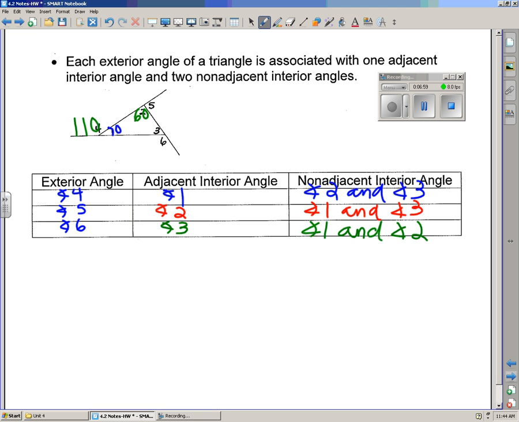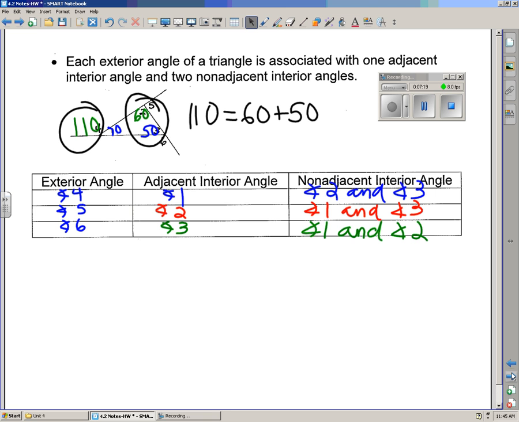And angle 3 would be 70 plus 60, or 130. 180 minus that would be 50. And now if I look at that exterior angle again, and the non-adjacent interiors, 110 is equal to 60 plus 50. So you have just learned a really good theorem, if you will.